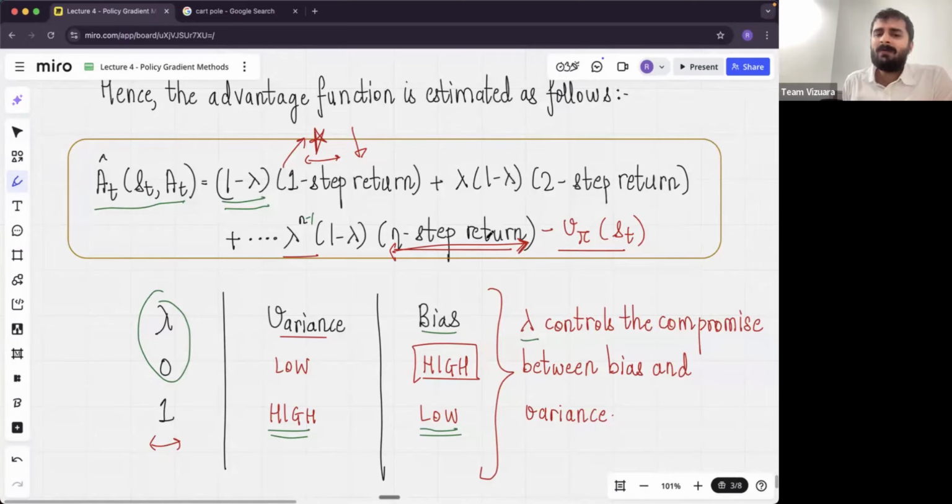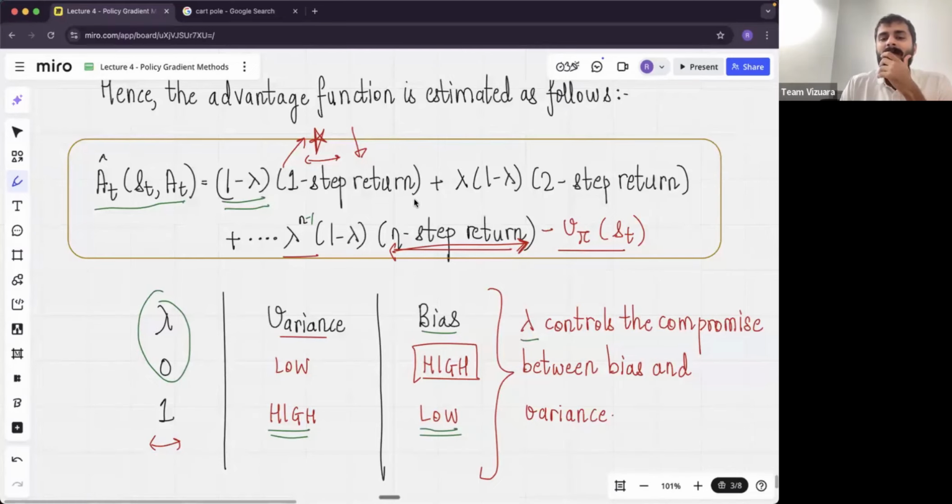And why is my variance going to be high? It's because I am looking at n steps. Let's say there are 50 steps in an episode. I am adding 50 different terms, which is going to give rise to a high variance. And there is no question of bias here because I am giving attention to all the steps. I am not just attending to one or two simple steps.